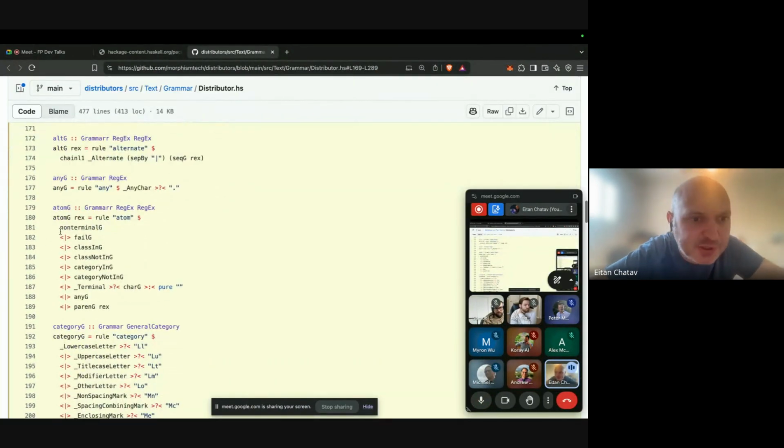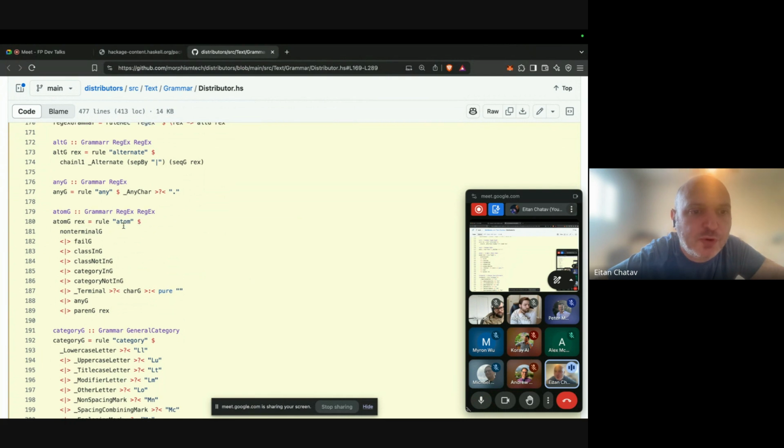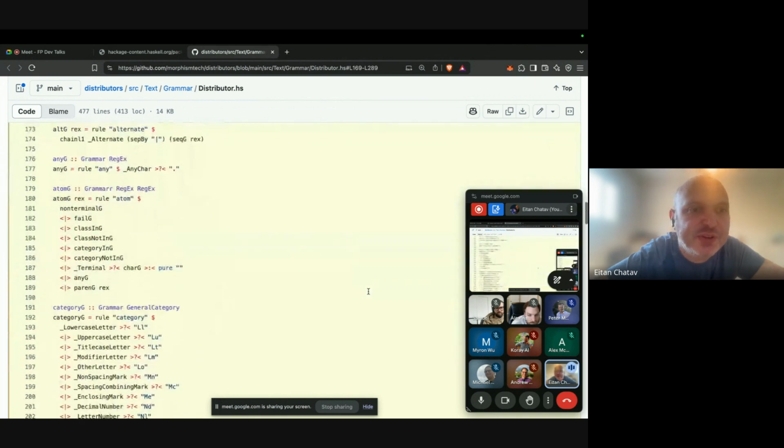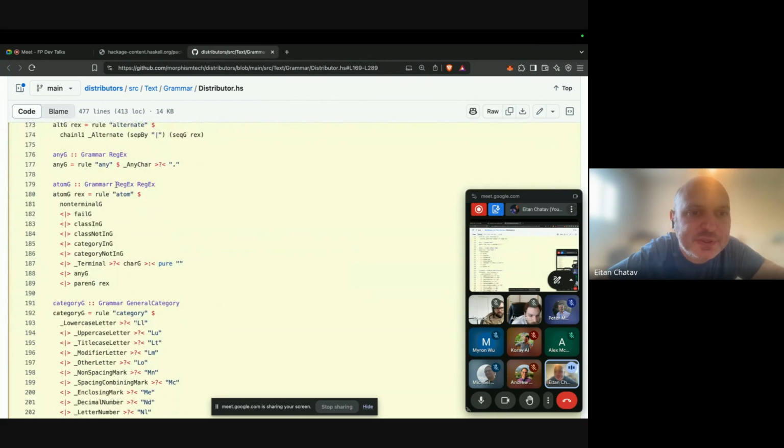I like this one better because it has the vertical bars. So just like our rule for atom was non-terminal or fail or class in or class not in or category in or category not in or char or any or parenthesized, our rule for atom is a grammar, so it takes in a regex.